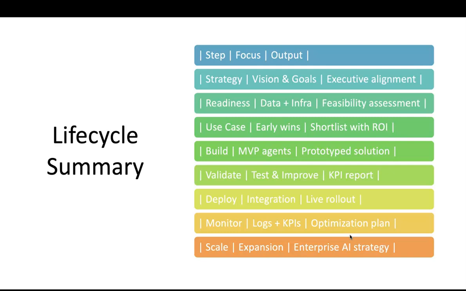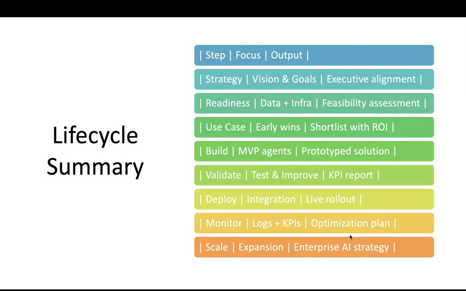In summary, there are a total of 8 stages in the agentic AI project lifecycle. Firstly, you define your strategy: the vision and goals, and the executive alignment. Then you make sure all your data infrastructure is ready, and then you think of your use cases, like where to start.